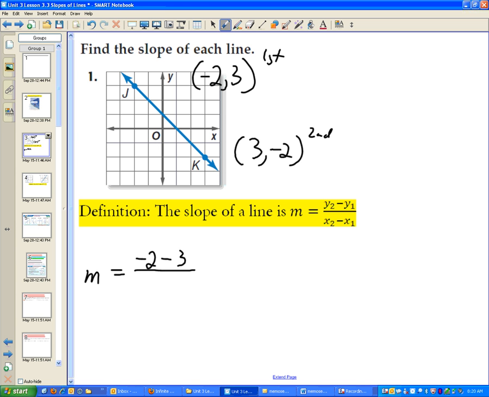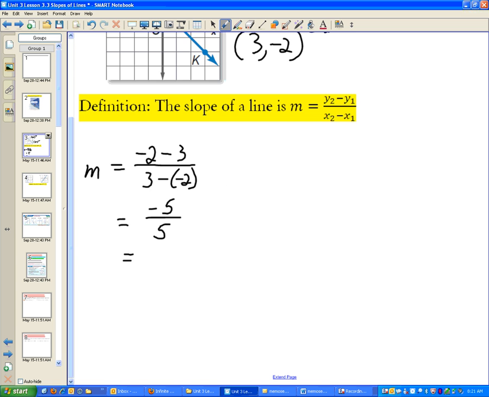In the denominator, x2, that'll be 3, minus x1, that'll be -2. What's -2 minus 3? -5. What's 3 minus -2? +5. And what's -5 divided by +5? So the slope is -1. So do you think you can use the slope formula?